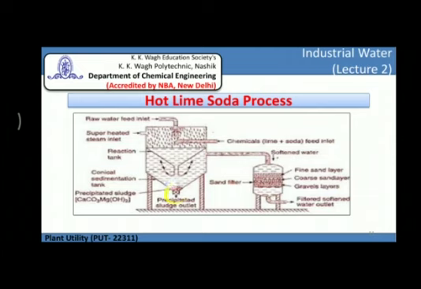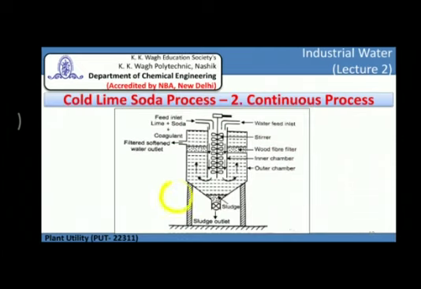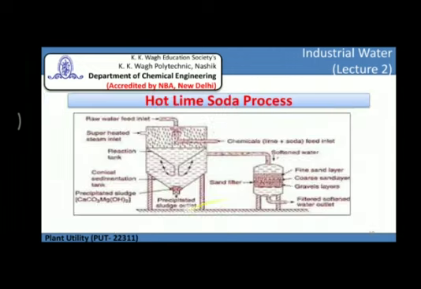This sludge consists of calcium carbonate and magnesium hydroxide impurities. The conical sedimentation tank is given this conical area for the gravity settling of the precipitate which is formed during the reaction.